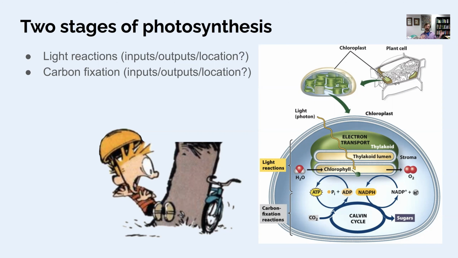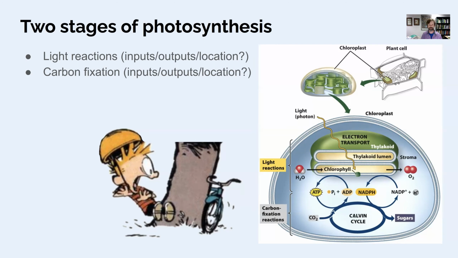But a plant has this special ability that it can take CO2 in from the atmosphere, and if it has this energy from the light reactions, it can suck that energy into a sugar molecule. So down here in the diagram, CO2 comes in from the environment, and using the ATP energy and the NADPH energy, the CO2 gets put into a sugar molecule.